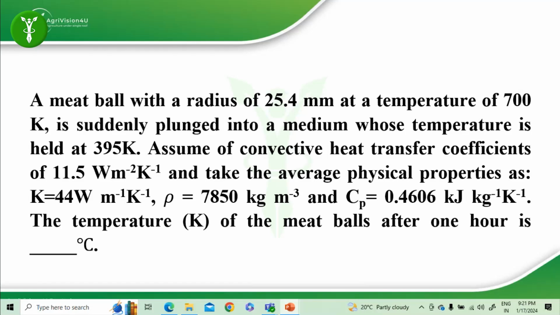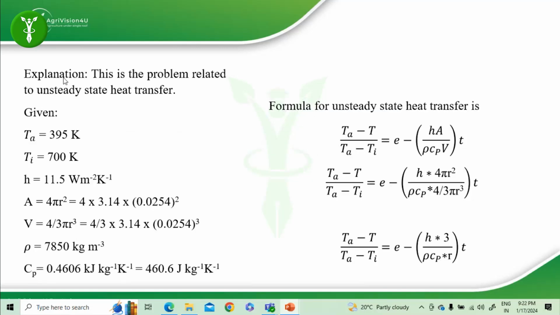Now what have you been asked to calculate? You have been asked to calculate the temperature of the meatball after 1 hour. Let us pen down what has been given.